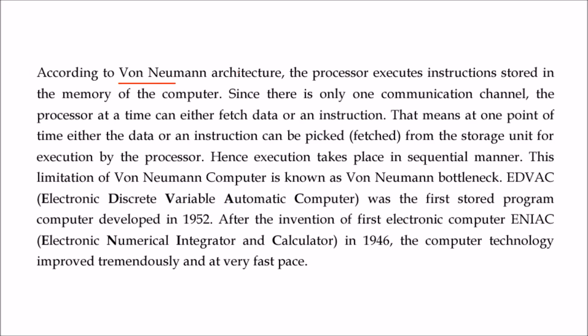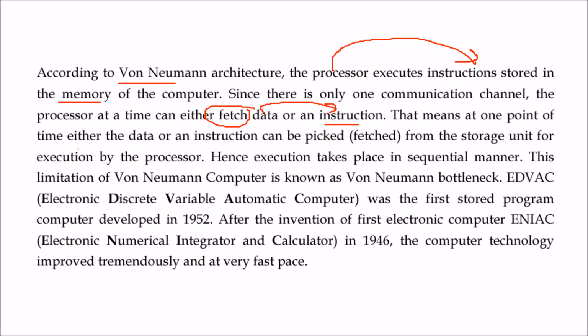According to the von Neumann architecture, the processor executes instructions which are stored in the memory. Because there was only one communication channel, the processor at a time can either fetch data or an instruction. Instructions are the orders which are given for certain data to be fetched so that execution can be done or an operation can be performed.